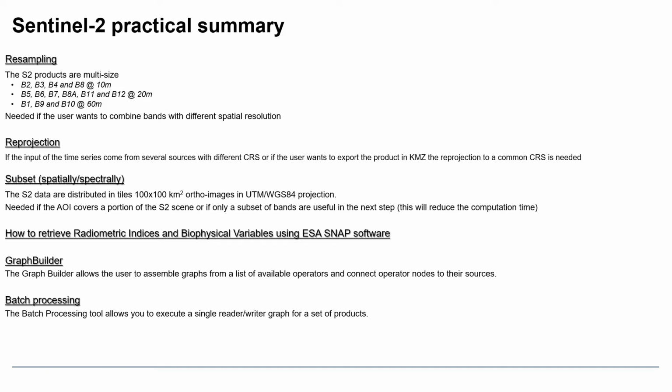As I said before, Sentinel-2 data is distributed in tiles, 100 km by 100 km, and the subset is needed if the area of interest covers a portion of the Sentinel-2 scene, or if only some bands are needed in the processing. This can significantly reduce computation time in the next steps.